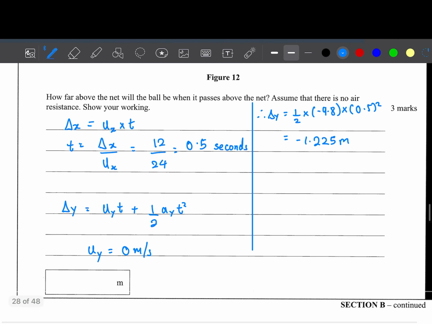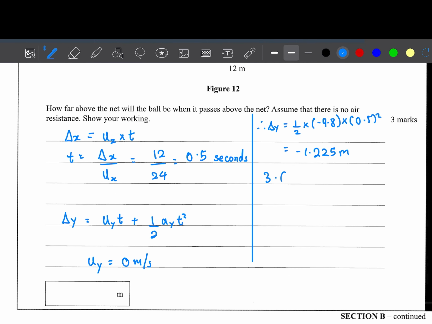So our final answer would be, okay, so first I need to show my step, that 3.6 minus 1.225 is going to be equals to 2.375 meters. That is our height from the ground of the ball after it travels for 0.5 seconds, and it's when it's just above the net.